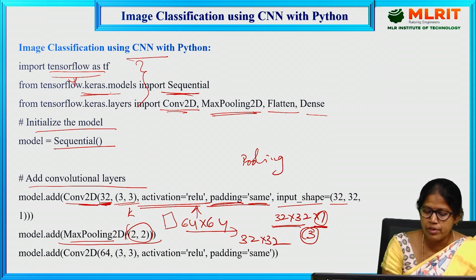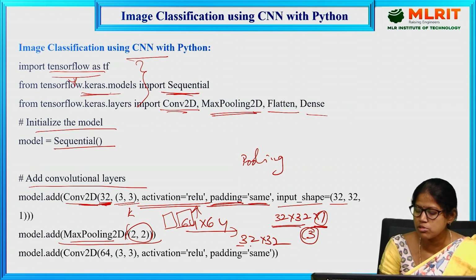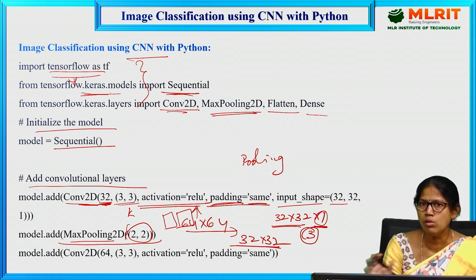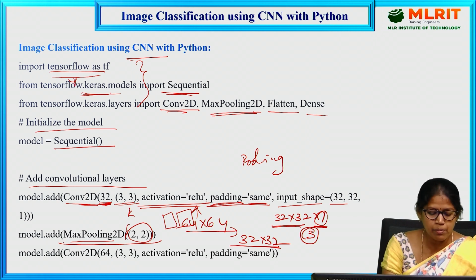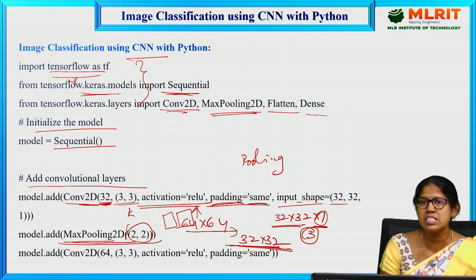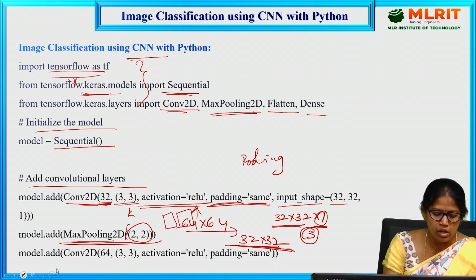It will take the first 2 by 2 region, then the second 2 by 2 region. In such a way, it leads to the 32 by 32 image. If it is a 64 by 64 image, after performing max pooling on that feature map, the output is 32 by 32.